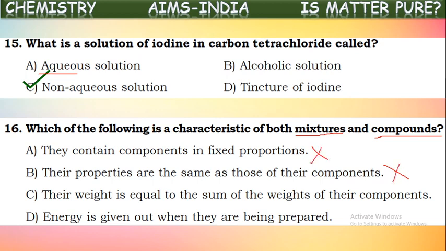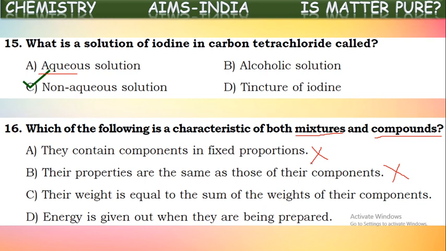Next, their weight is equal to the sum of the weights of the components. Yes, this is correct, and this is a common property of mixtures and compounds. The total mass of the mixture or compound formed will be equal to the total mass of the components mixed or combined to form them.